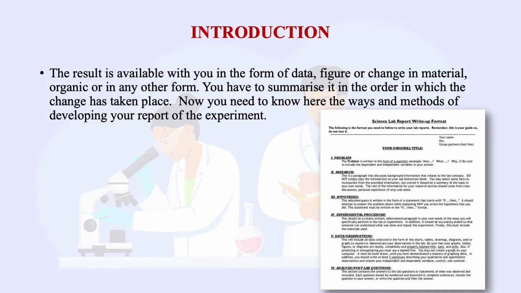The result is available with you in the form of data, figure, or change in material, organic, or any other form. You have to summarize it in the order in which the change has taken place. Now you need to know here the ways and methods of developing your report of the experiment.